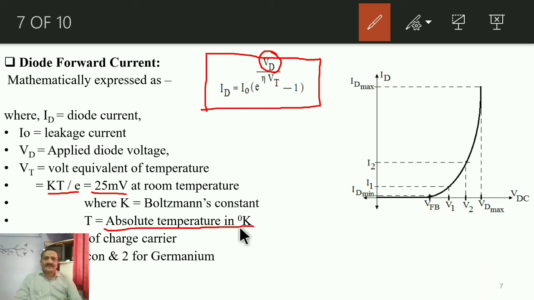Then what is another term? Eta is nothing but the mobility factor of the charge carriers, which equals 1 if the diode is manufactured from silicon material, and you have to take eta equals 2 if it is germanium.